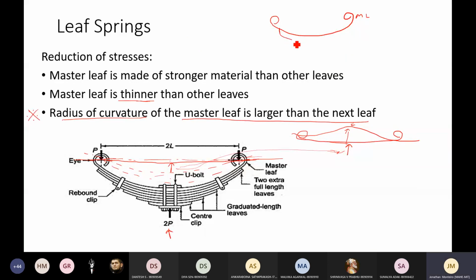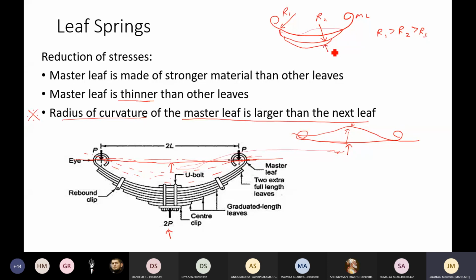The other leaf is made like this. What is the difference now? This has more radius of curvature, say R1, and this is of a lesser radius of curvature, R2. Here R1 is greater than R2. And this continues for other leaves also. R3 again will be lesser radius of curvature.